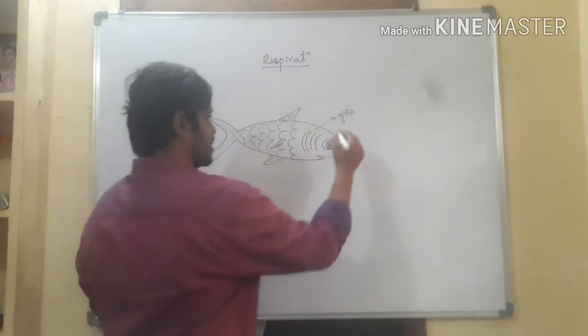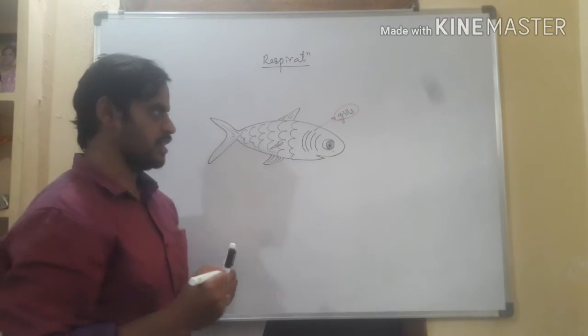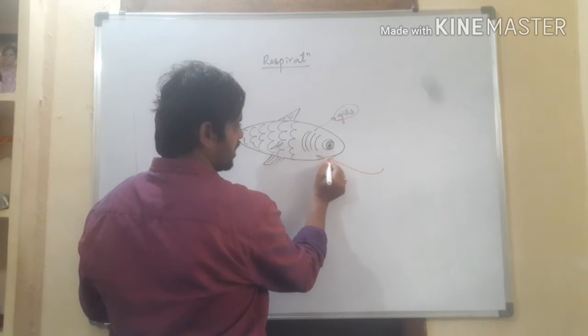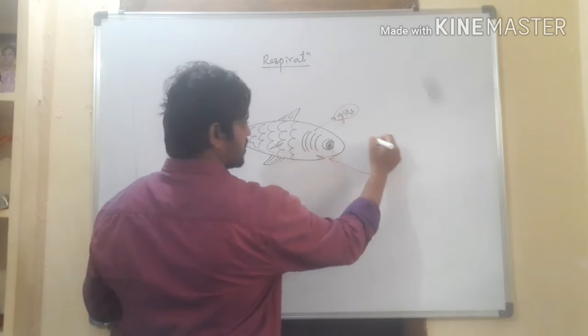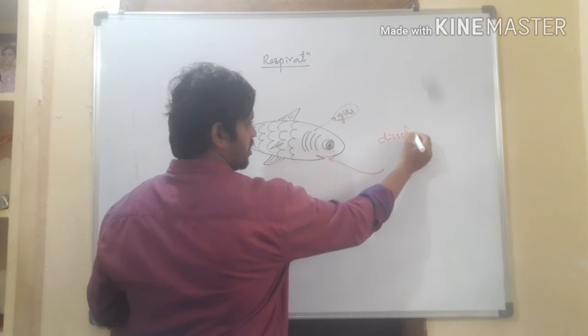Here the respiratory organ of fish is gills. Now when fish opens the mouth, it takes in water, because fish lives in water and it takes dissolved oxygen.